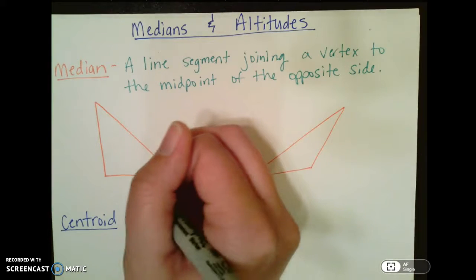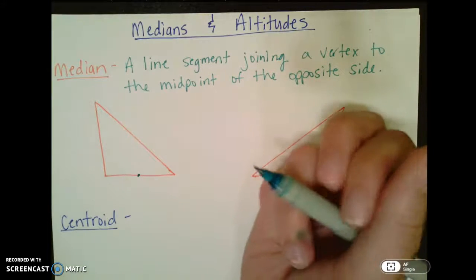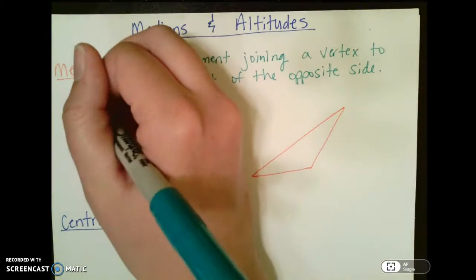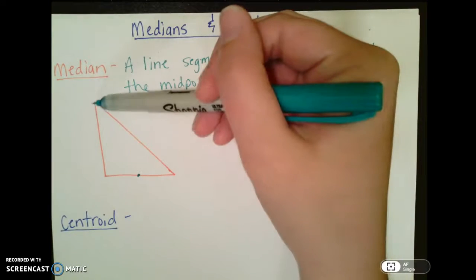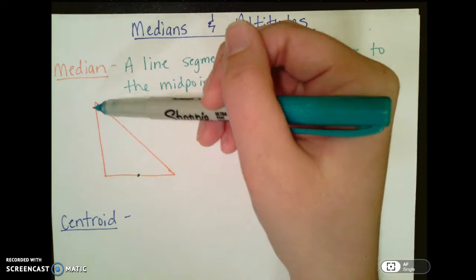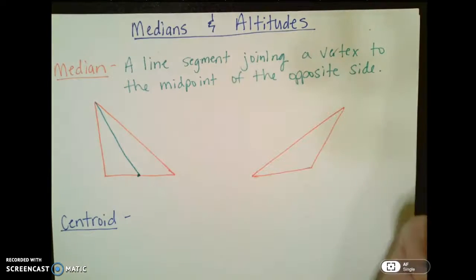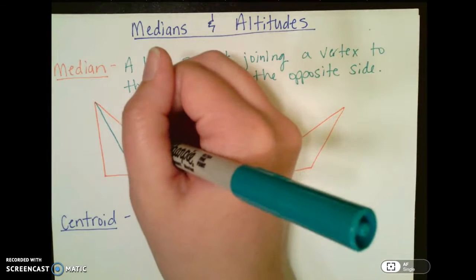So on my bottom side here, my midpoint would be here. So my median would connect my vertex, which is the point on a triangle. So I have 3 vertices. So this is a vertex. So from vertex to midpoint, that's a median. There's 1. On this side, midpoint is about here.